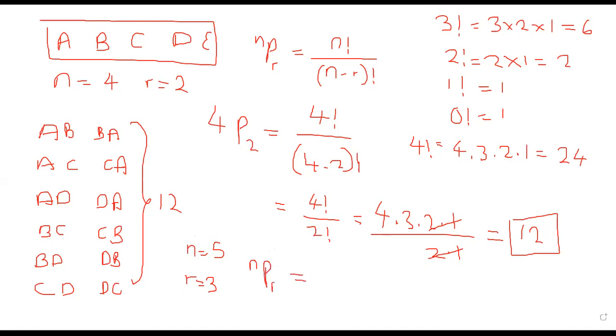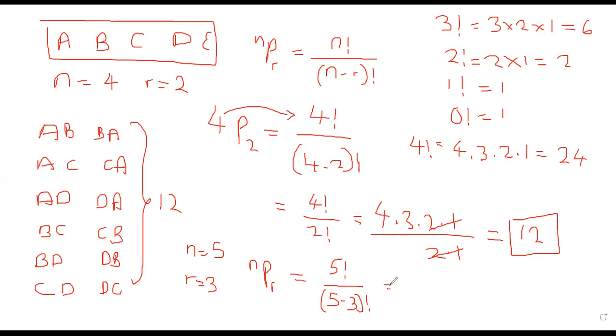What are we going to have on top? 5 factorial. Then down, 5 minus what? Just the difference between these two, 5 minus 3. Remember the formula: this one comes on top and the difference, this minus that, comes down there.